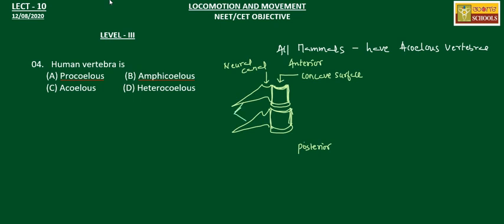So this and this, these are neural spines. You can see the cavity present on the anterior end and not on the posterior side. Such type of vertebrae, we call them procoelous type of vertebrae.